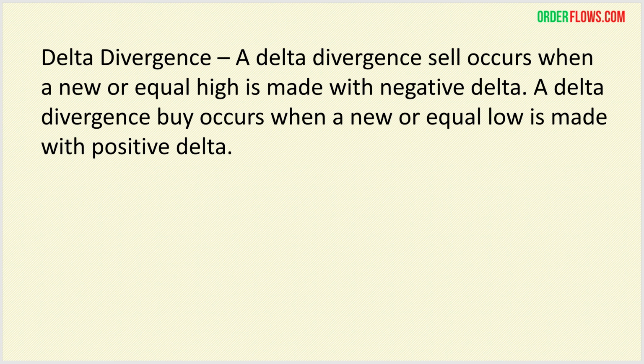So when you're making a new high and you have negative delta, that's your divergence. A delta divergence buy occurs when there's a new or equal low with positive delta. Because you're at a low, you should be looking at negative delta. Because why are you at the low? Because they're selling. But if you have positive delta at a new or equal low, that's a sign of a divergence.